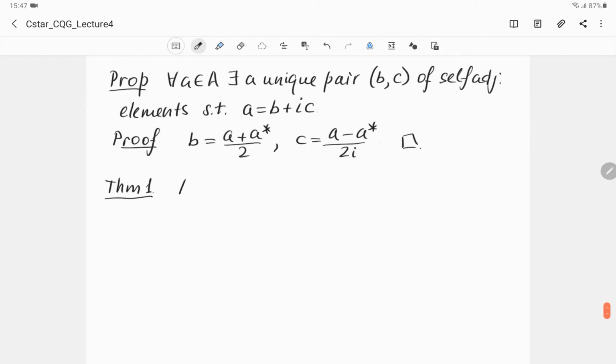Suppose that A is a C-star algebra, and little a is a normal element in A. I claim that the norm of a equals the spectral radius of a. Let's recall that in the general case, the spectral radius is less than or equal to the norm. So I claim that for normal elements of C-star algebras, the spectral radius is exactly the norm.